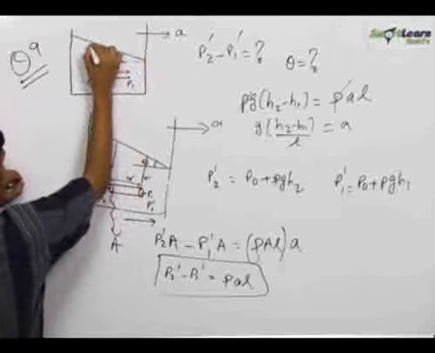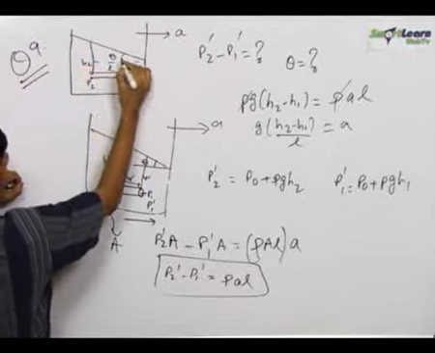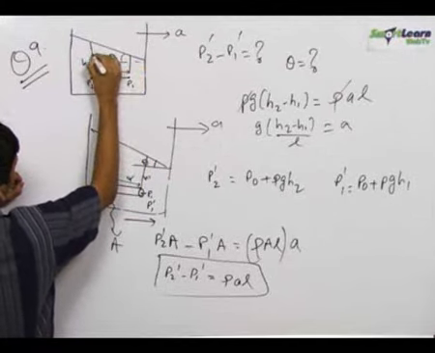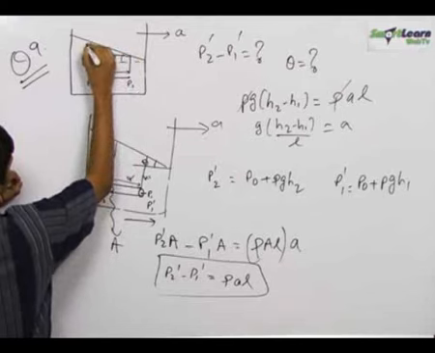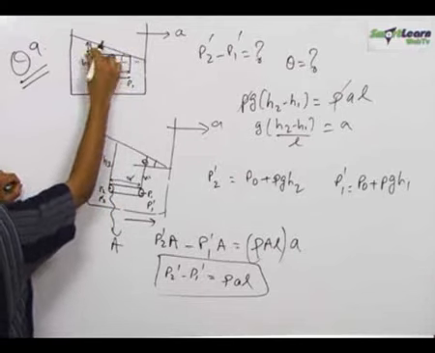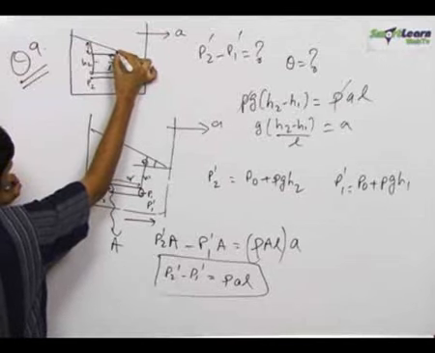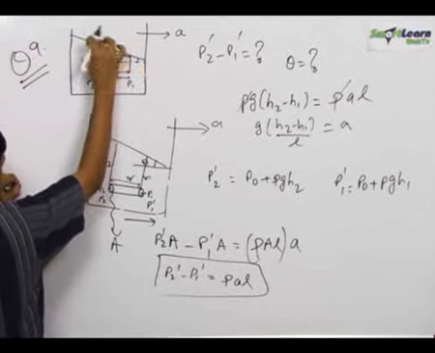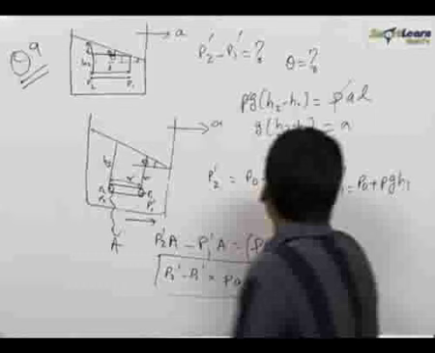Now this was h2, this was h1, so this is h2 minus h1, this is L. So h2 minus h1 upon L: this angle was theta, therefore this angle is again theta, therefore h2 minus h1 upon L is equal to tan theta.